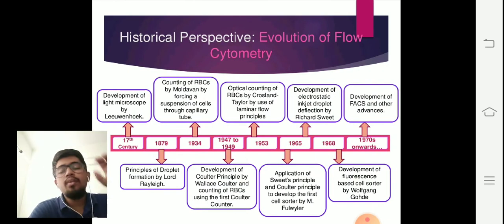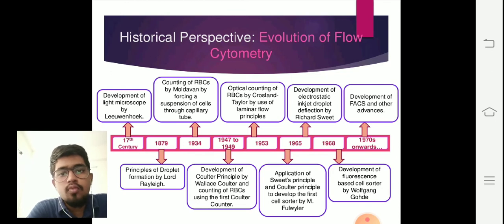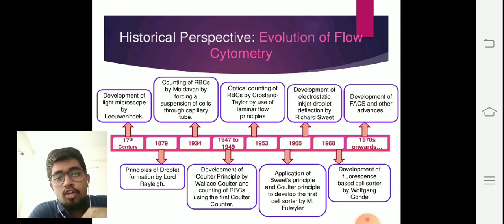Now coming to the historical perspective, how flow cytometry originated. In the 17th century, there was the development of the light microscope by Leeuwenhoek. In 1879, there were the principles of droplet formation by Lord Rayleigh. Then in 1934, counting of RBCs by Moldavan by forcing a suspension of cells through a capillary tube.